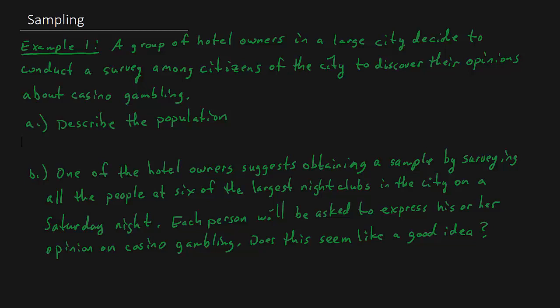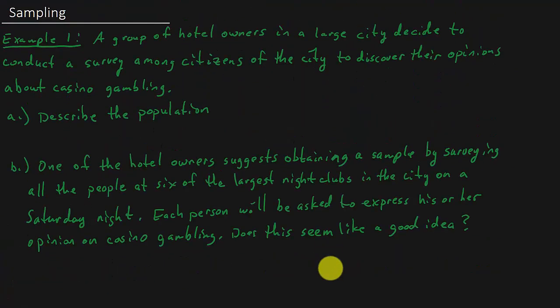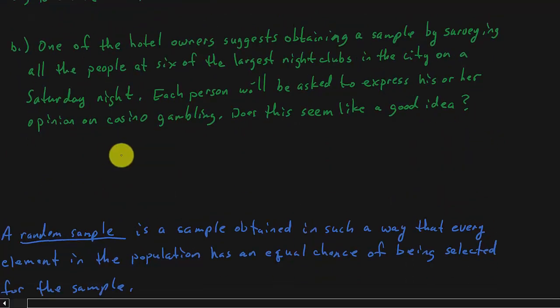So the first thing I want to discuss before I get into the problems here. Now, what I'm fixing to write down has nothing to do with working the first example. The first thing I want you to know is population and sample.